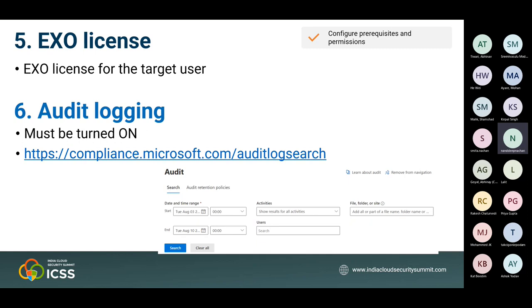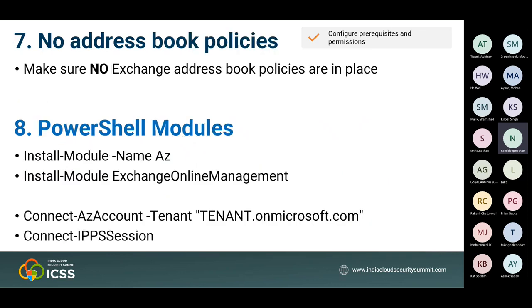The seventh thing is that we should have no Exchange address book policies, or ABPs, which allow you to segment users into specific groups to give them customized GALs, that means global address lists, in Outlook and Outlook on the web. Before you define and apply the information barrier policies, make sure no Exchange address book policies are in place.